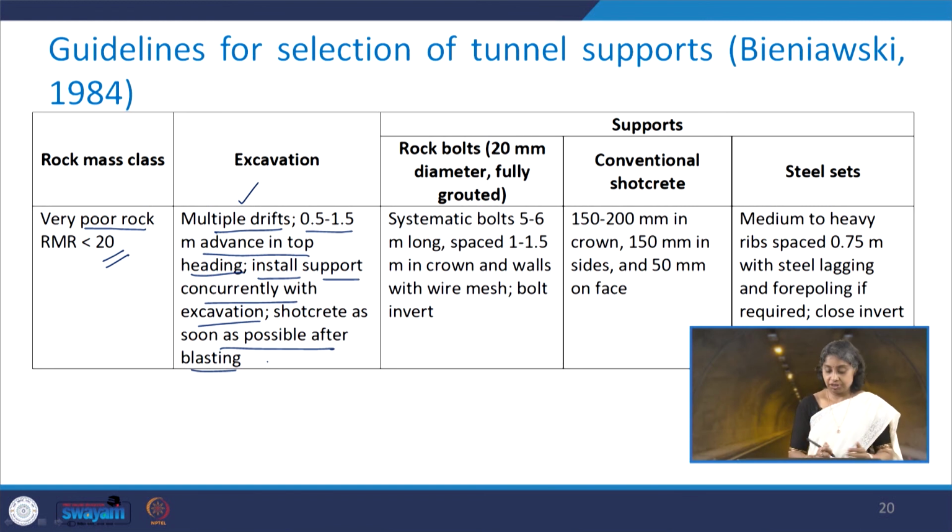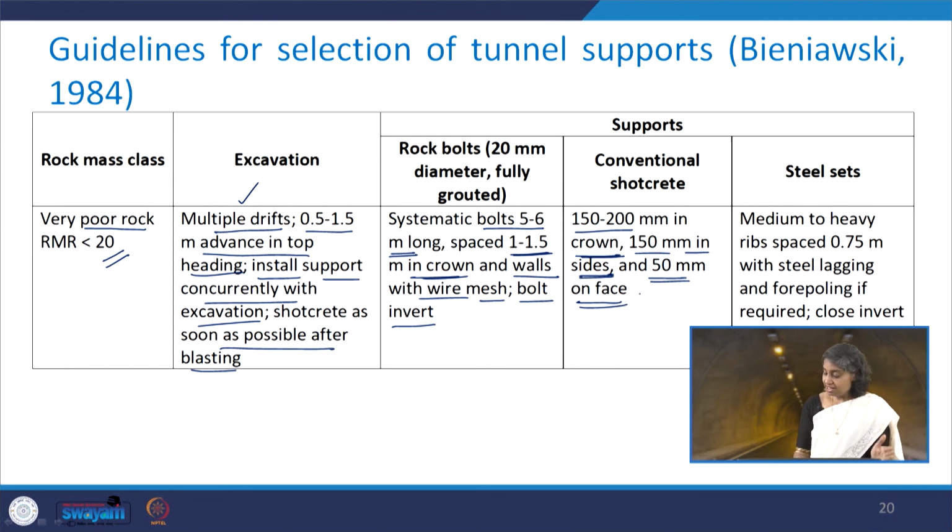this type of failure. In this case, one needs to go for the systematic rock bolts of 5 to 6 meter length, spaced 1 to 1.5 meter in crown portion and walls with the wire mesh, and one needs to also provide the bolt invert. For the conventional shotcrete, this is 150 to 200 in the crown portion, 150 in the sides and 50 on the face.